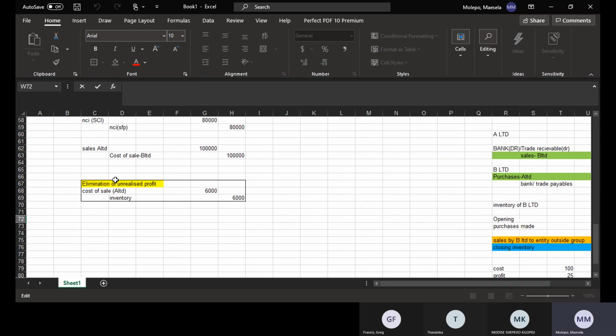So this was the unrealized profit. Now here it's going to be the elimination of realized profit, because the inventory is now sold.